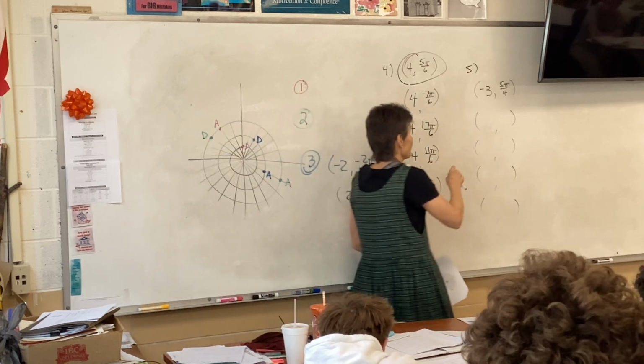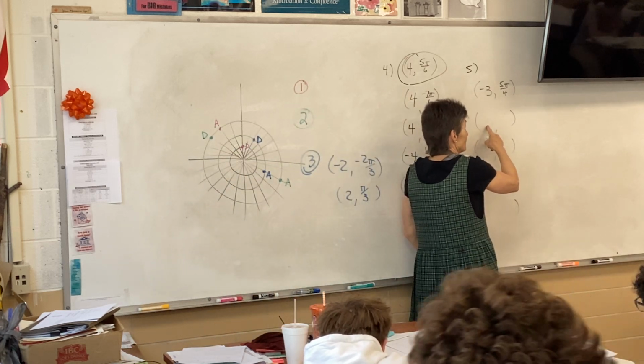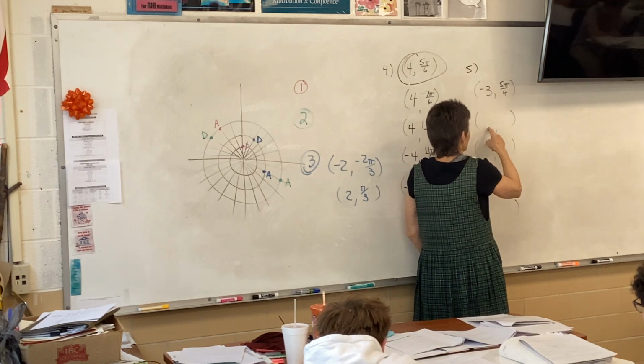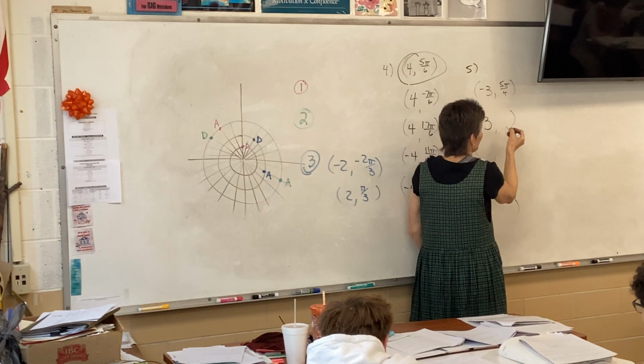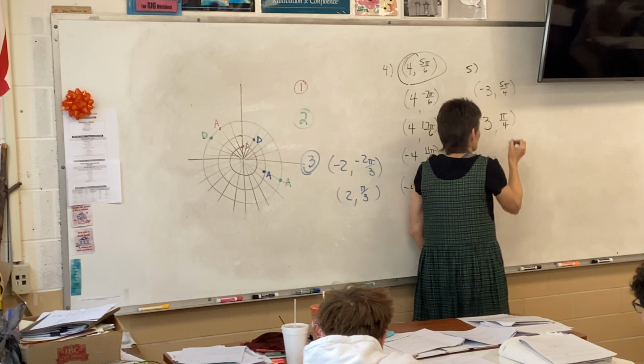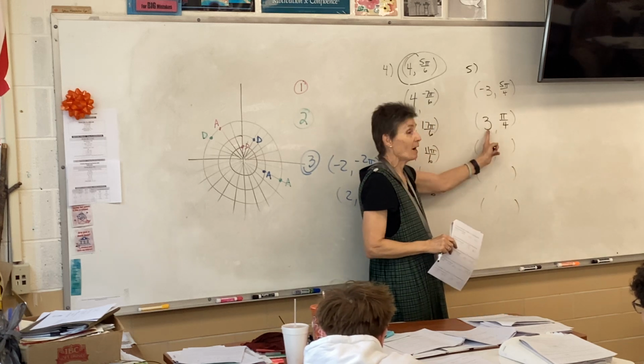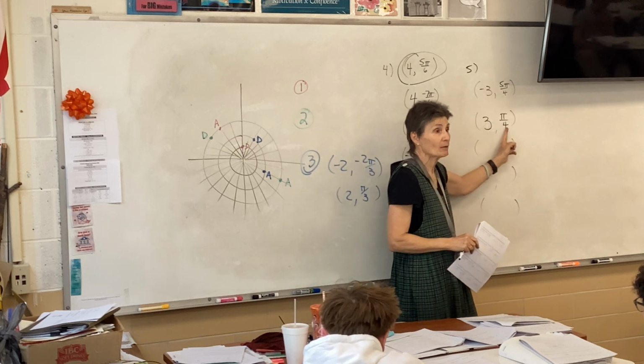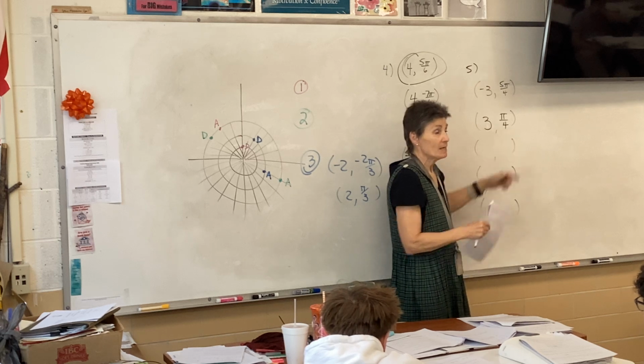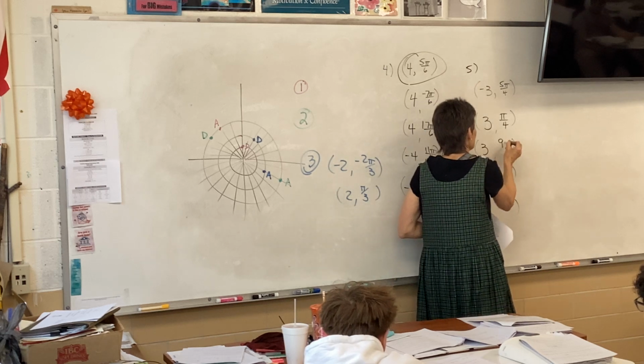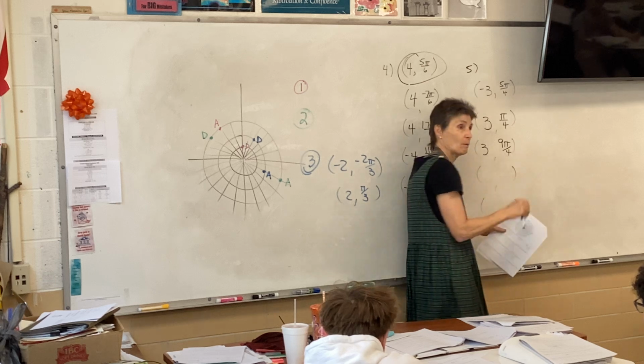All right, tell me what you got for this one. 3 and pi over 4. 3 and what? Pi over 4. So he said, I'm changing my r to positive. That's going to change my angle by pi. He could have done 9 pi over 4. Would that work too?